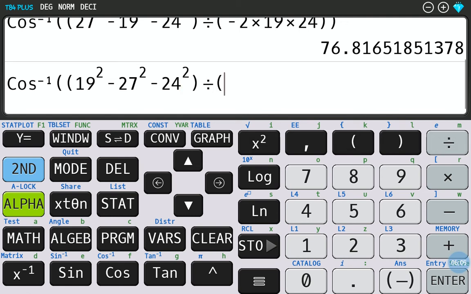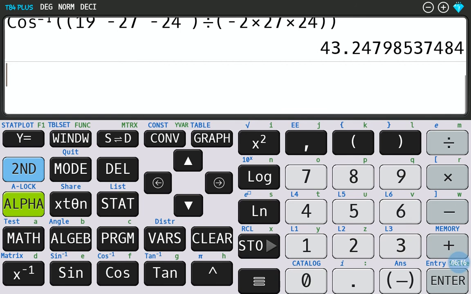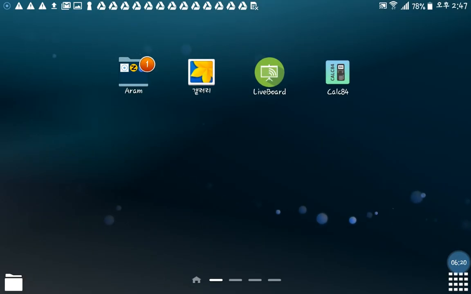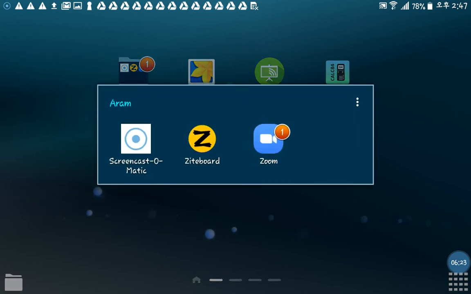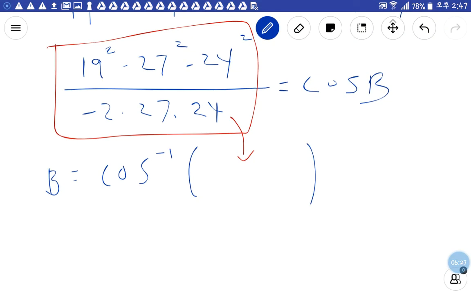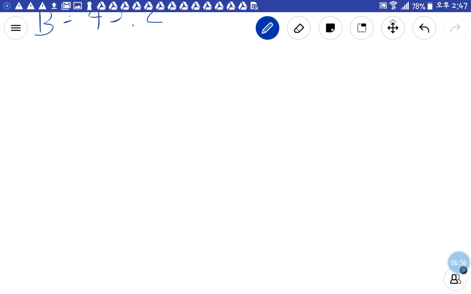Divided by, open the parentheses, negative 2 times 27 times 24, close it, that's your denominator. Close it for the whole thing. My answer is 43.24. If you round off, that's 43.2, so my B would be 43.2 degrees.